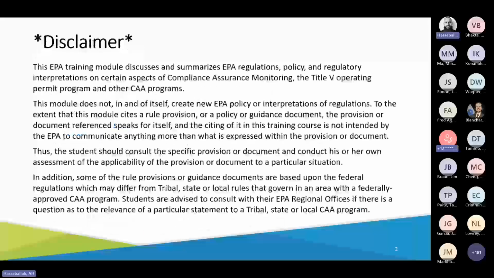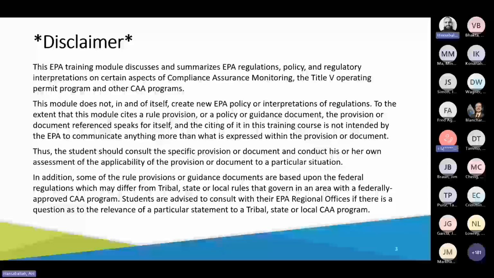All righty. A few disclaimers to start us off. This training seminar summarizes regulations and policy on compliance assurance monitoring and other Clean Air Act programs, such as the Title V operating permits. The training does not create any new policies or interpretations, and the cited provisions and regulations speak for themselves.